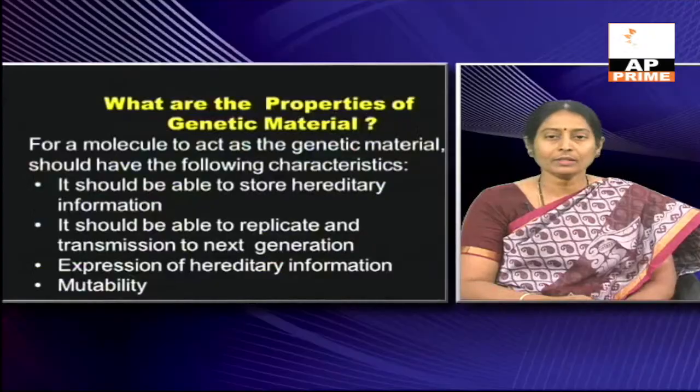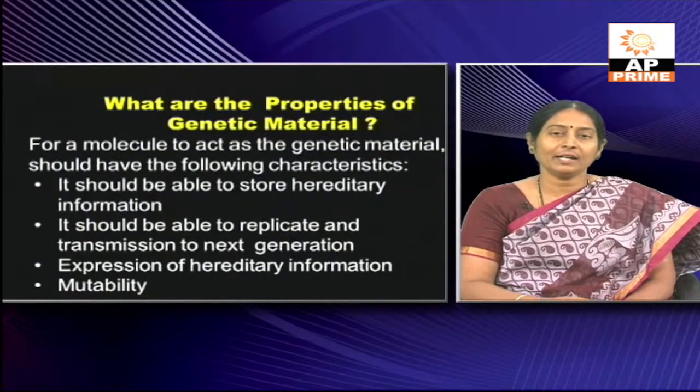But here we have a question: what decides which molecule can be a genetic material? There were certain properties. Whichever molecule satisfies these properties can be a genetic material. So let us see the properties of genetic material.